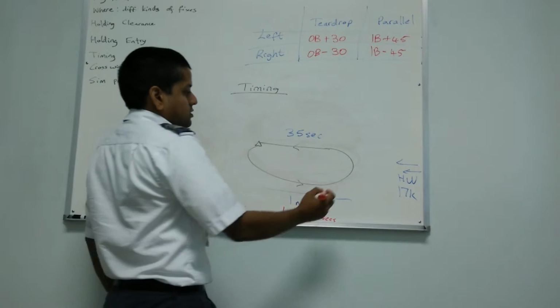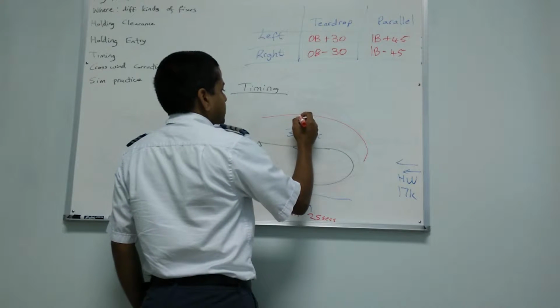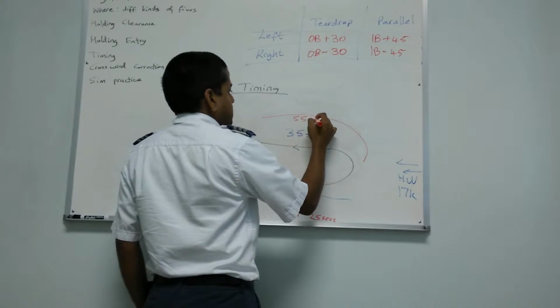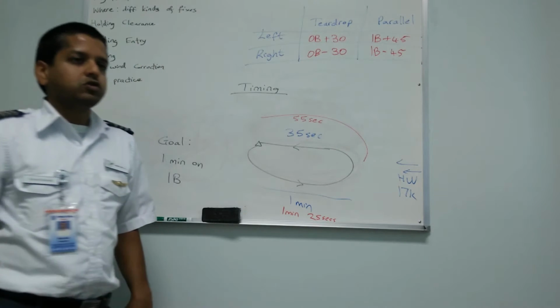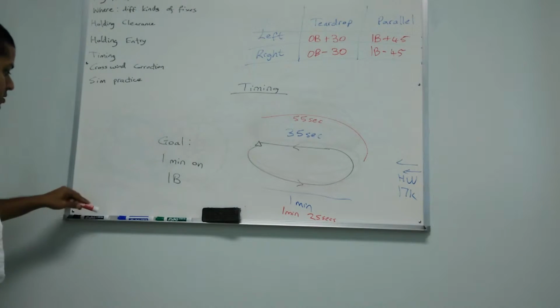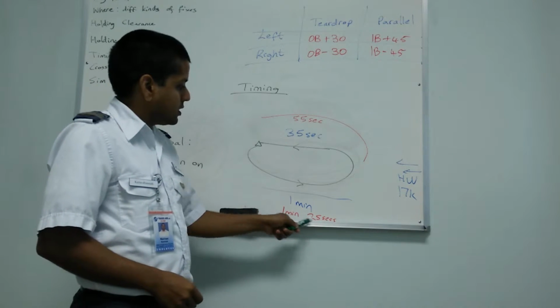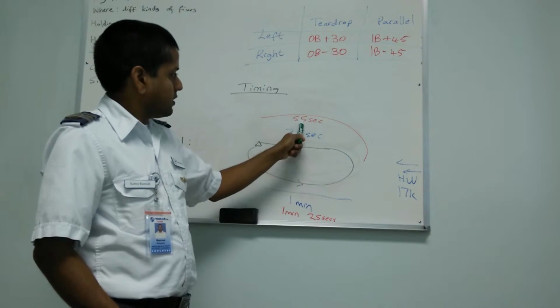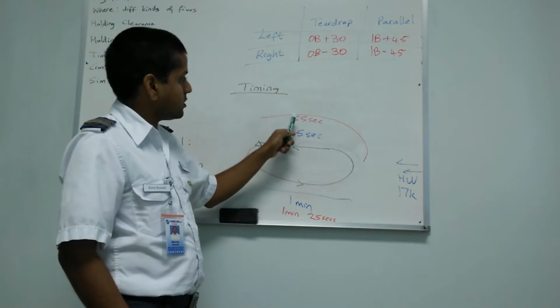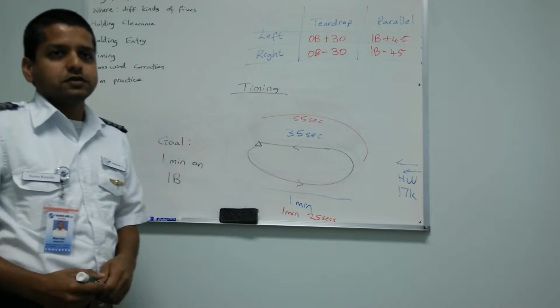Alright? Now this time you turn inbound, and this time when you turn inbound, you make 55 seconds. How long will you make your outbound next? 1 minute 5 seconds? Well, remember, 1 minute 25 seconds gave you 55 seconds. So you have to take the 5 seconds and add it to the 1 minute 25 seconds.